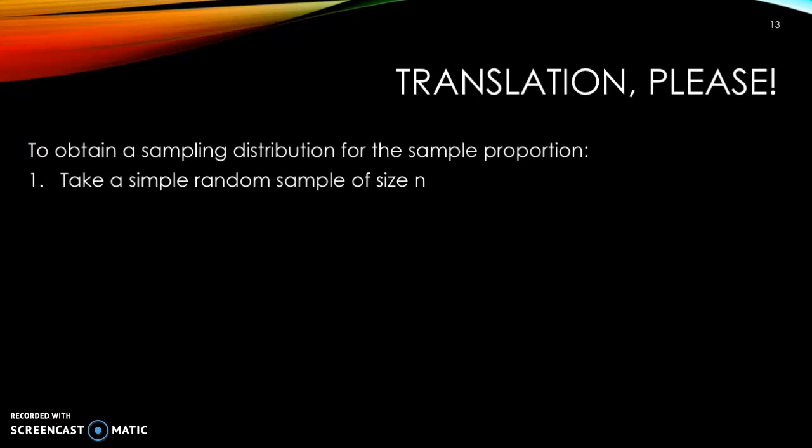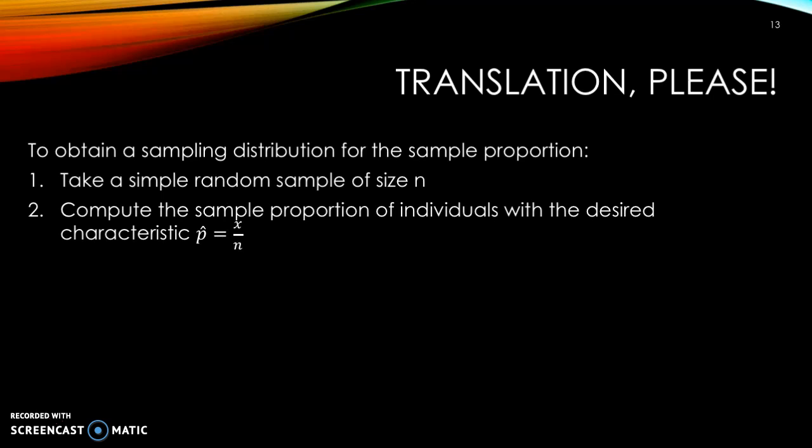You find a sample of size n. Has to be a simple random sample, or it could be any sampling technique as long as each individual has an equal opportunity to be selected. You compute the sample proportion of individuals with the desired characteristic.